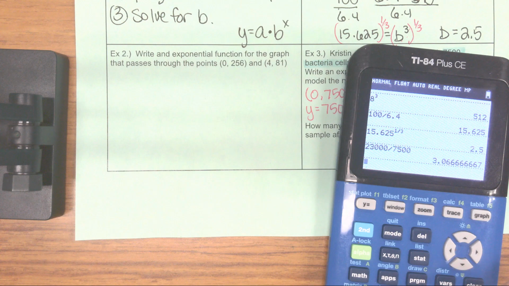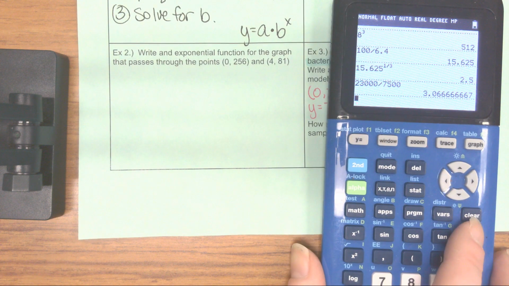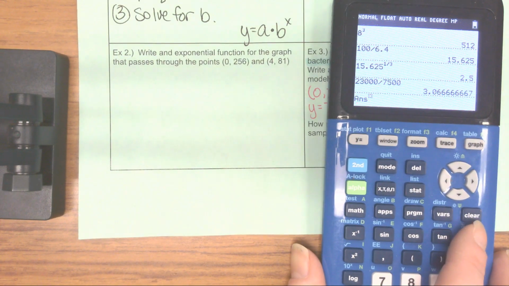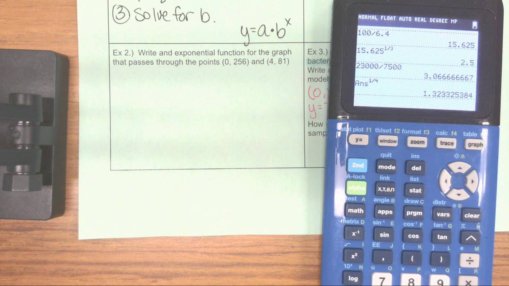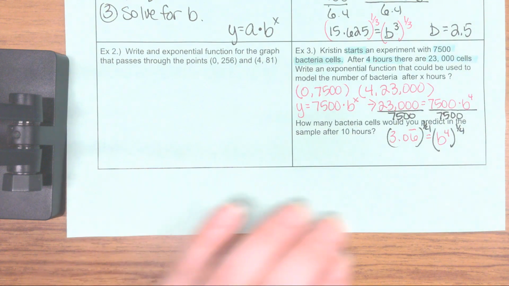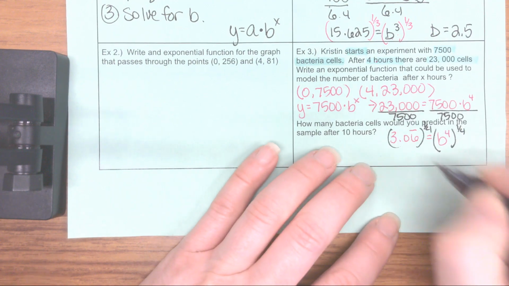I'm going to literally leave it and I'm going to just press that and then it will say answer. And I'm going to raise it to the 1/4 power. And so it is not exact. It's 1.323. I'll call that 1.3.